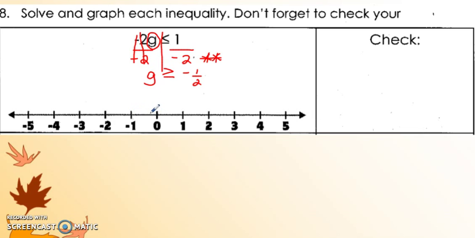Negative 1/2 is halfway between 0 and negative 1. It does have that line underneath, therefore it will be a closed circle. And I want my numbers to be greater than, since g is greater than or equal to negative 1/2. Greater than direction is to the right.